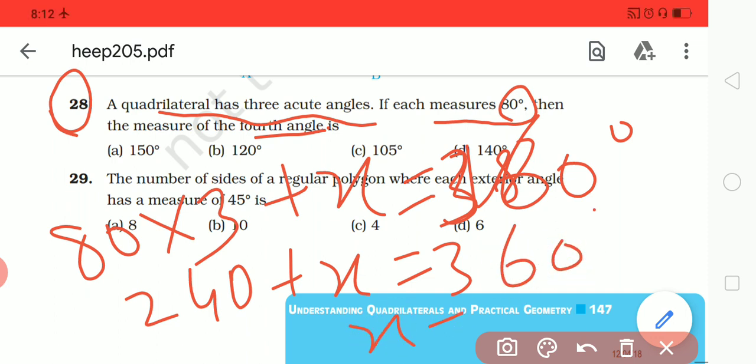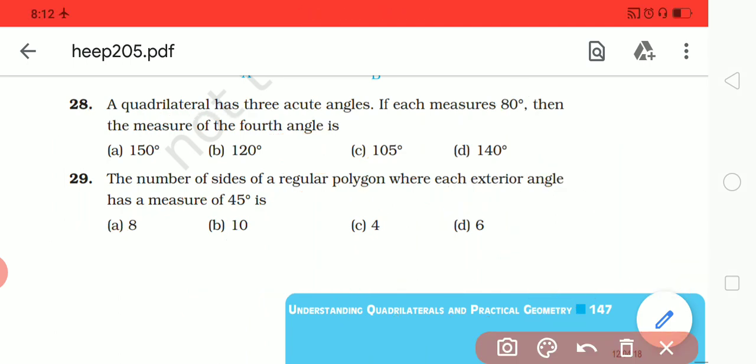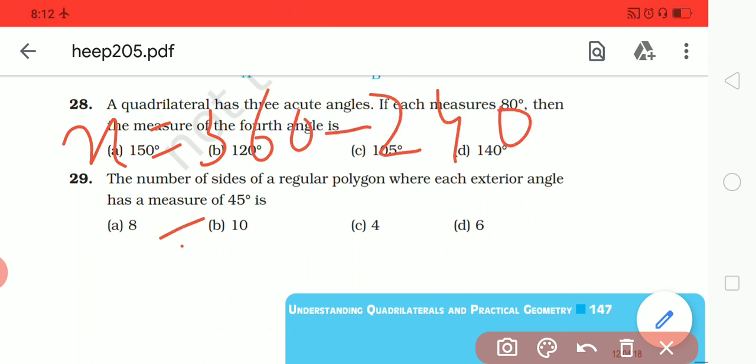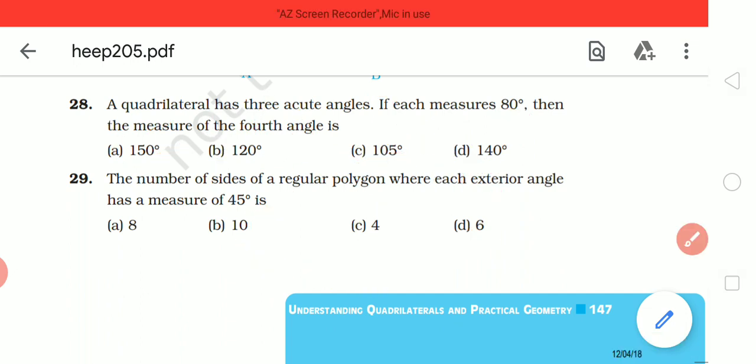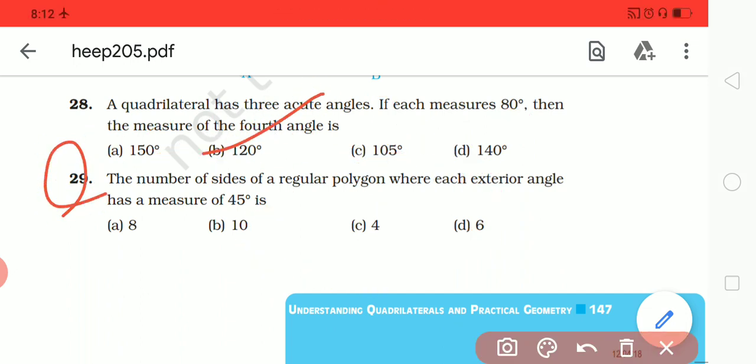So x is equal to 360 minus 240, which is 120 degrees. This is option B. Come to the 29th question.